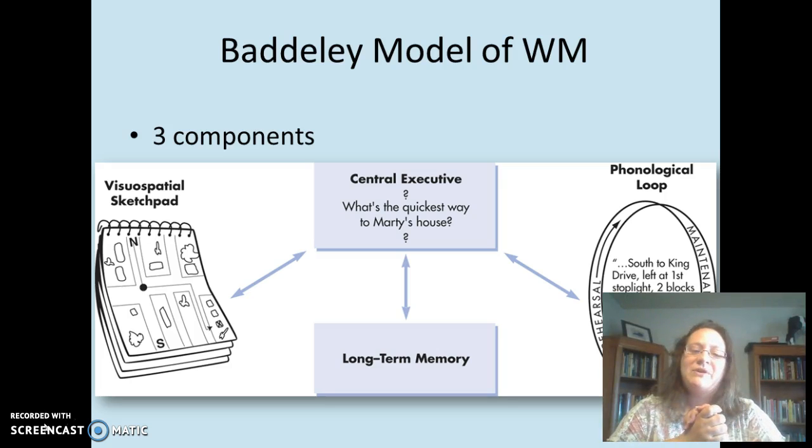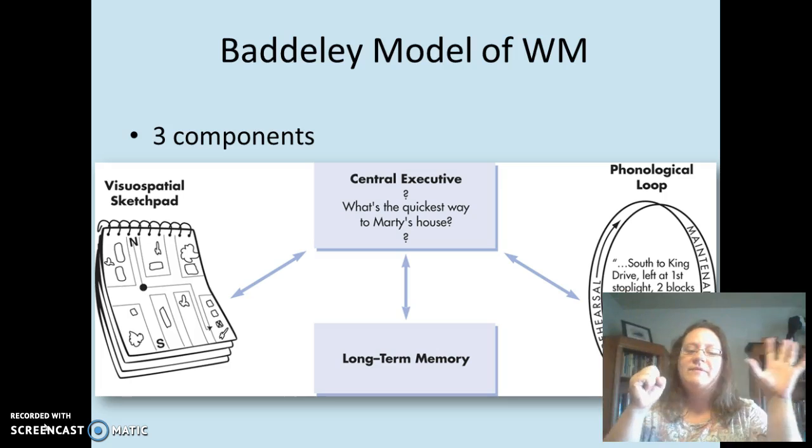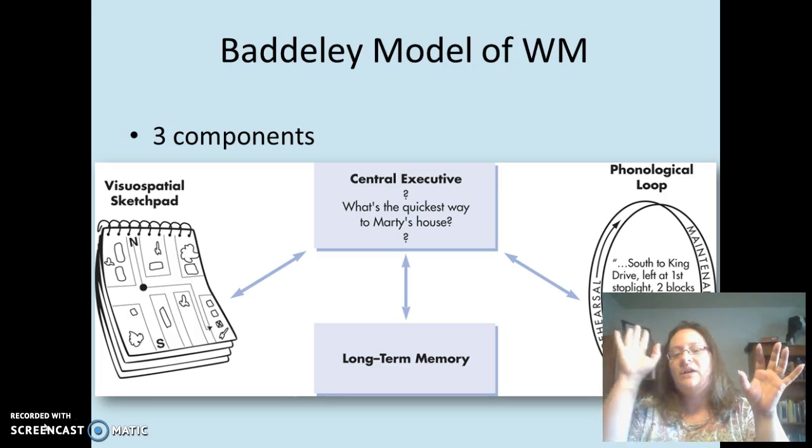But for working memory, Baddeley said that we had 3 components. We have the visuospatial sketchpad, which is oriented to visual, pictures, and spatial information. We have the central executive, which makes decisions, bringing in information from long-term memory and from the visuospatial sketchpad, and the phonological loop.